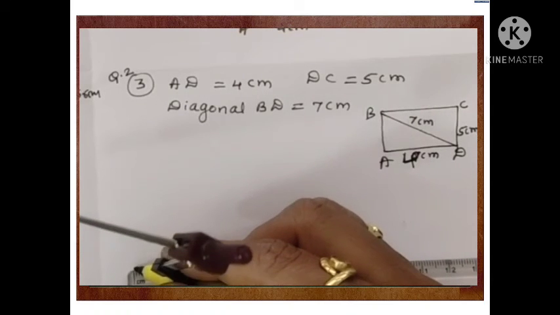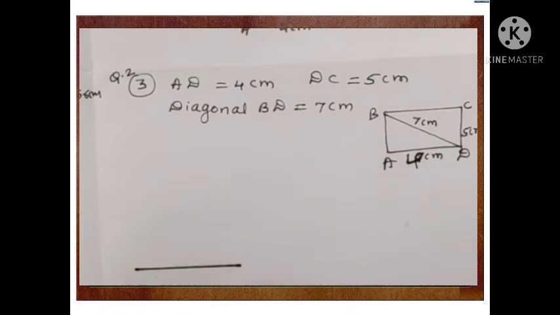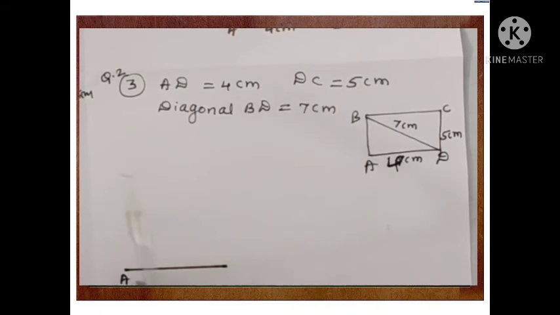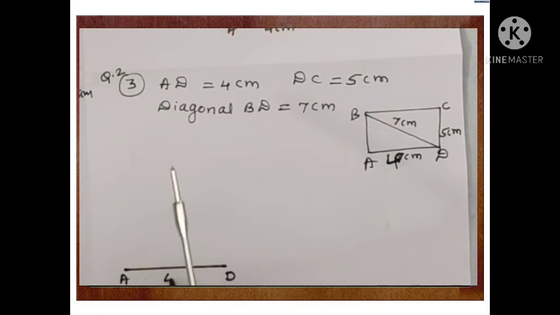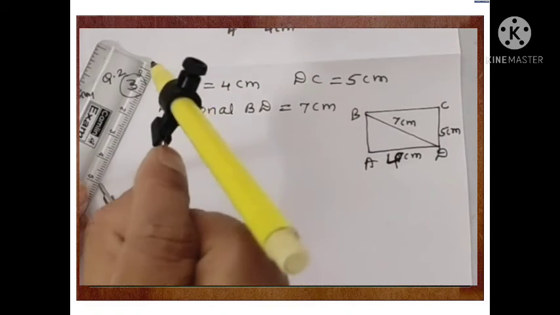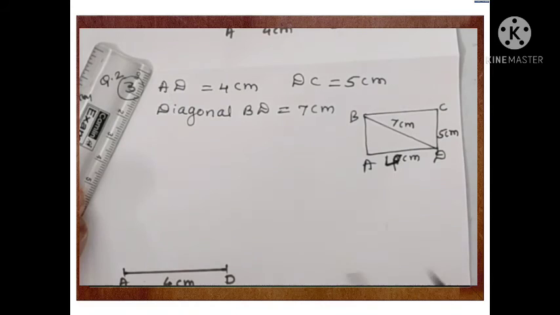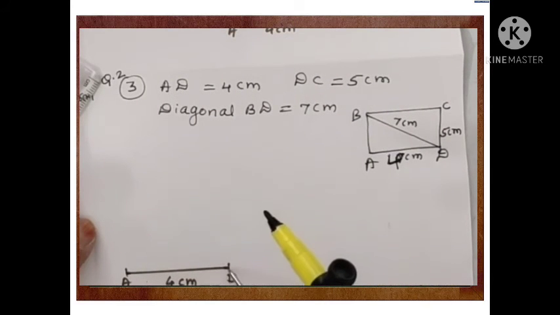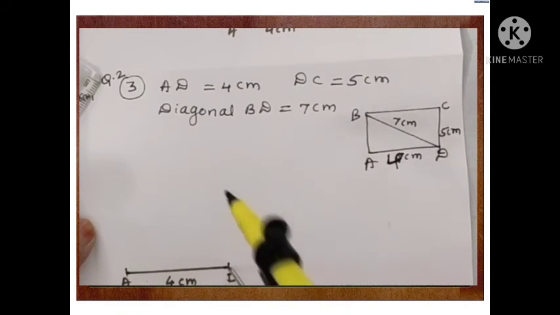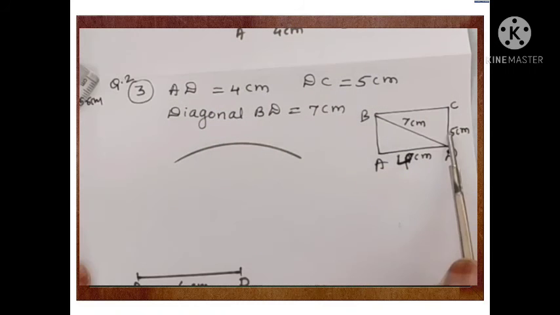At first, we will draw side AD of 4 cm. By taking the radius 5 cm in the compass, draw arcs from the vertex D as well as A, since the opposite sides of a parallelogram are equal.